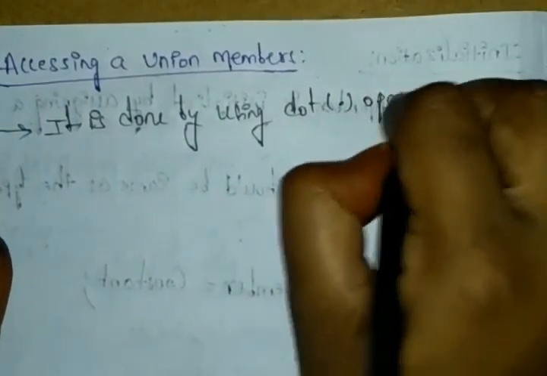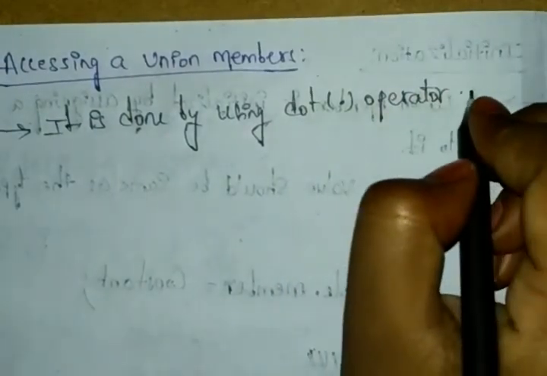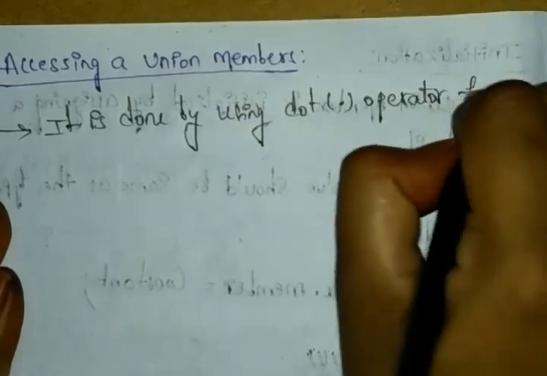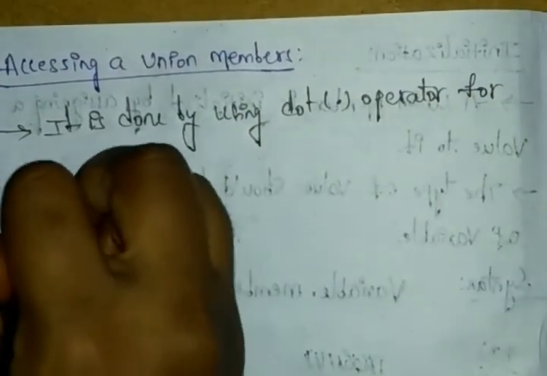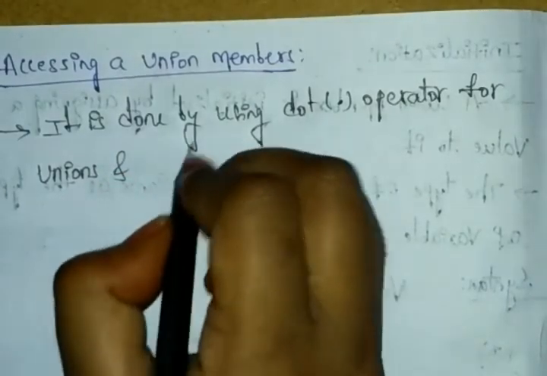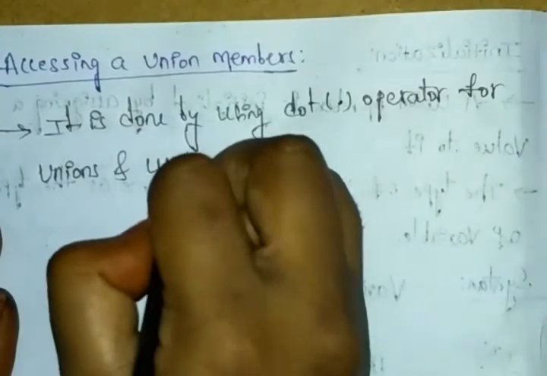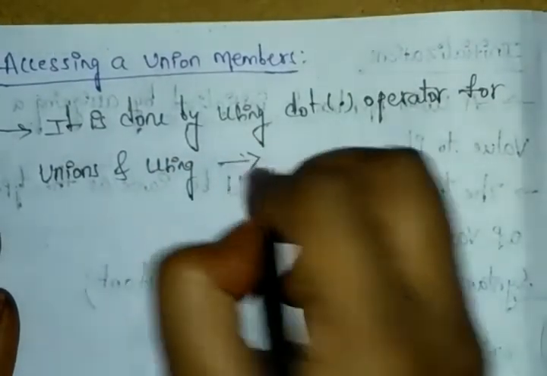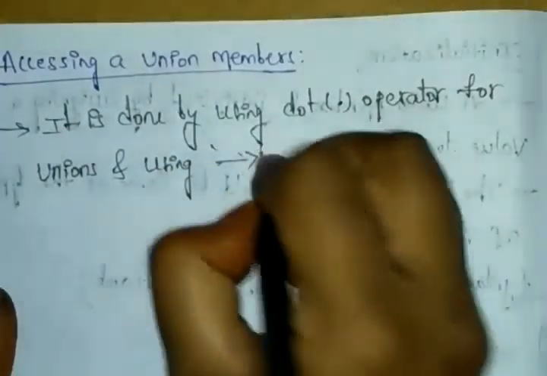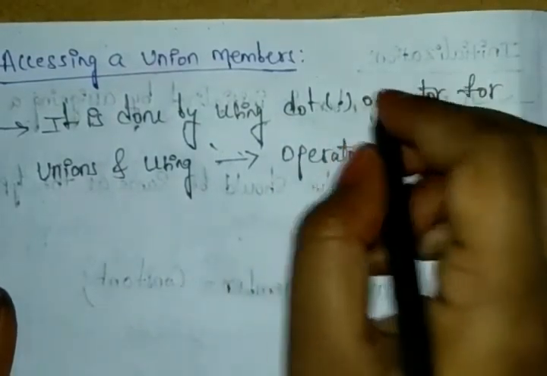In this also we can use the dot operator for unions, or else you can use another operator, the arrow mark type.